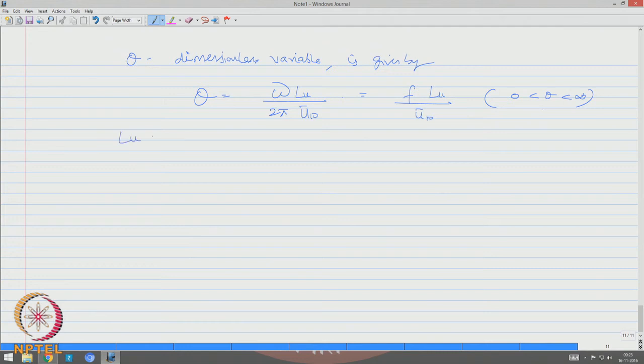In this case, Lu is called the integral length scale, which is 1200 meters for Davenport spectrum and it is 1800 meters for Harris spectrum.